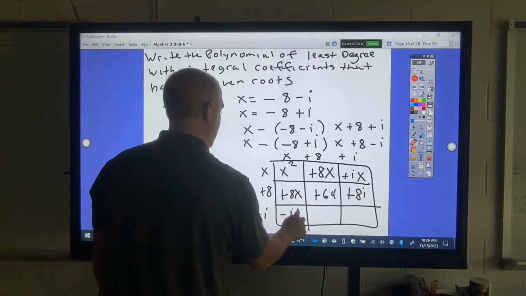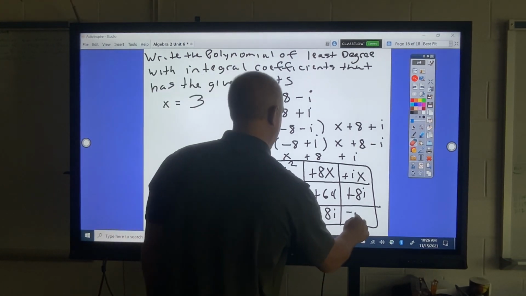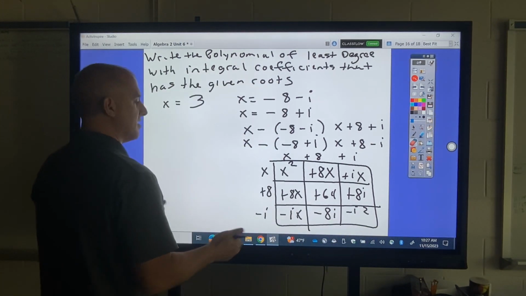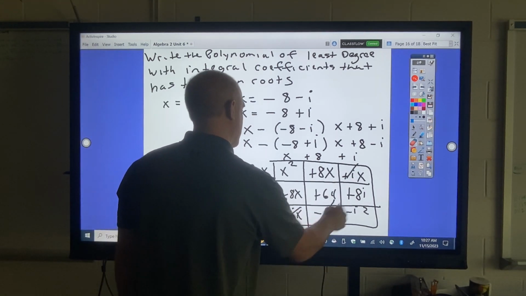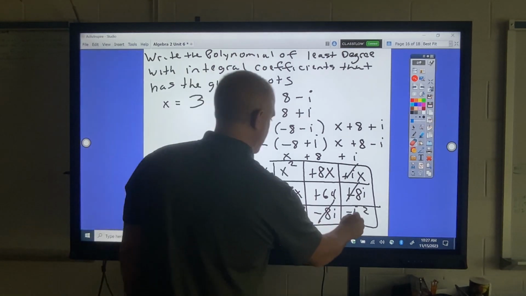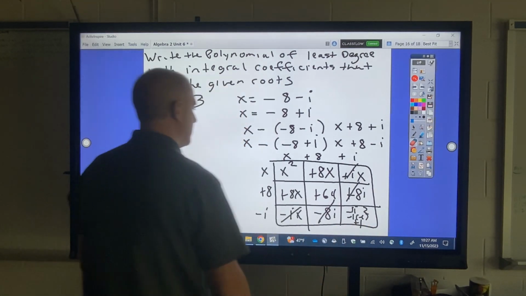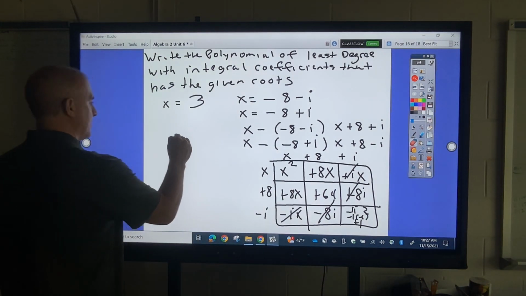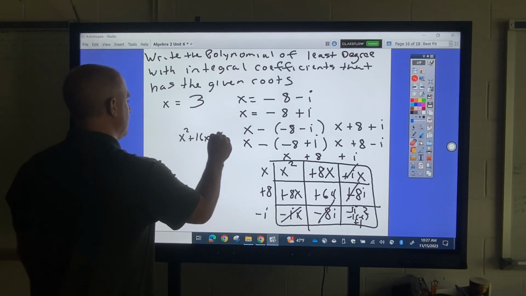This would be negative ix, negative 8i. And this would be negative i squared. Now, what's convenient is this goes away. This goes away. Negative i squared, that's like negative 1. Negative 1, negative 1, that's going to be positive 1. So what I'm going to have here is x squared plus 16x plus 65.